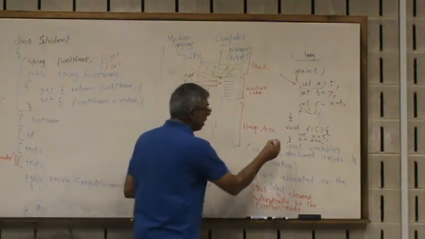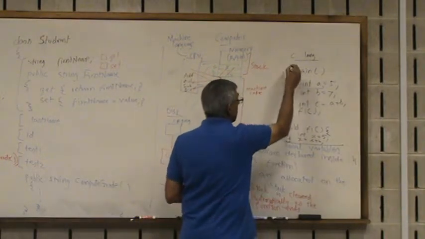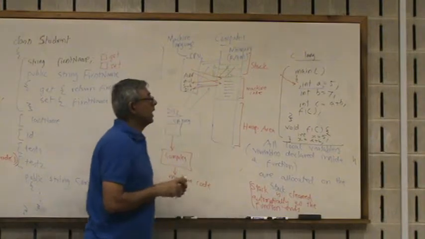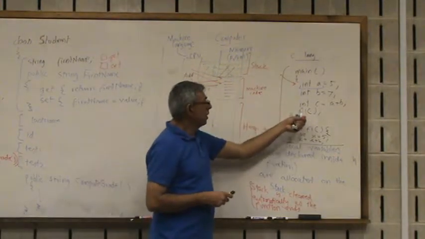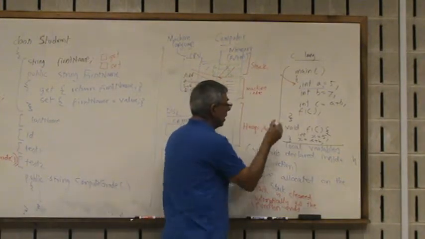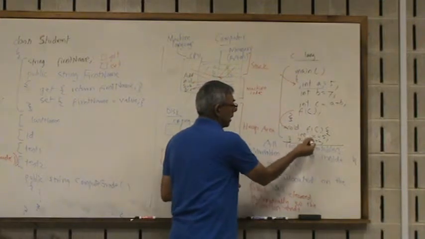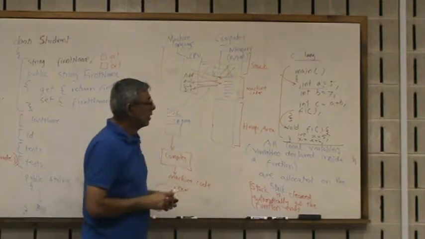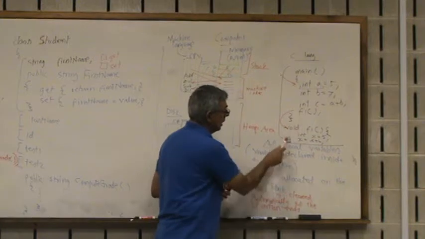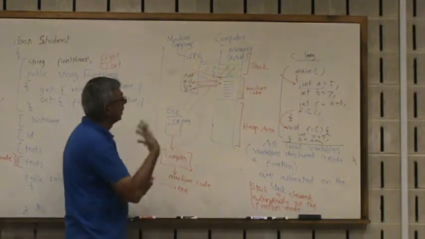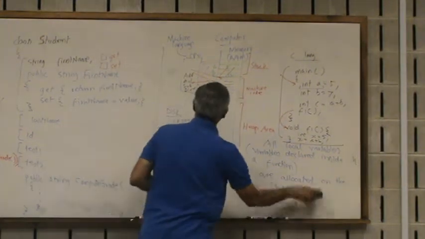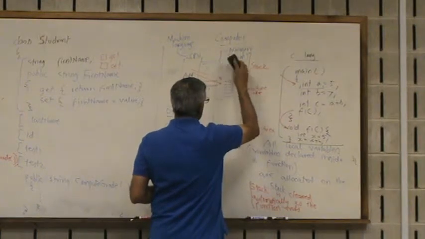Okay, so now let me modify this program to look like this. In the main, we call this function f1, and what does it do? Declares a variable called x, increments it by 2, and then finishes it. So now let's take a look how this execution will go through.